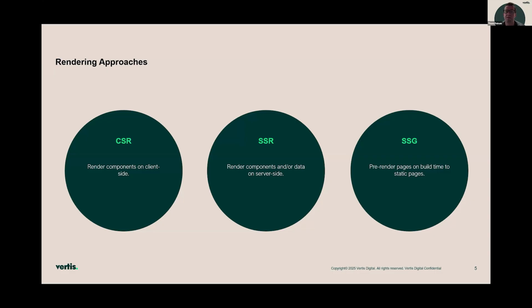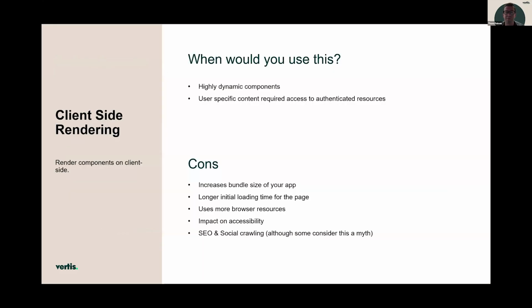So those are basically the three different rendering approaches that we can choose from in Next.js on XM Cloud. All right, so the first one is client-side rendering. This is helpful for highly dynamic components where content is changing all the time.